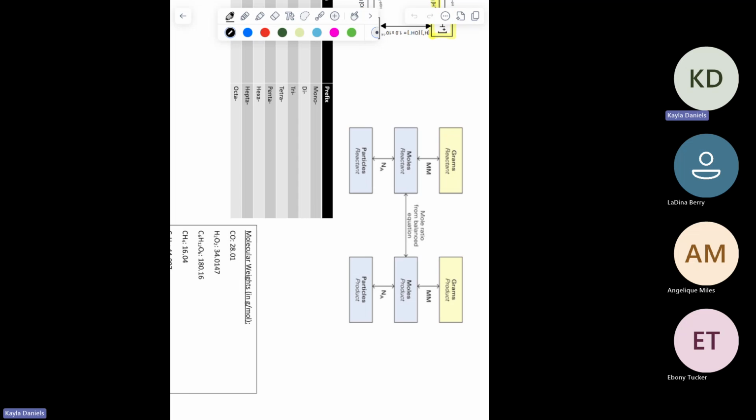So I'm starting with moles of a reactant, and I'm trying to get over here to grams of the product. It looks like I have two steps. First step is using the mole to mole ratio from the balanced equation to go from moles of a reactant to moles of a product, aka switching substances. And then the second step would be to use the molar mass to go from moles of the iron to grams of iron.